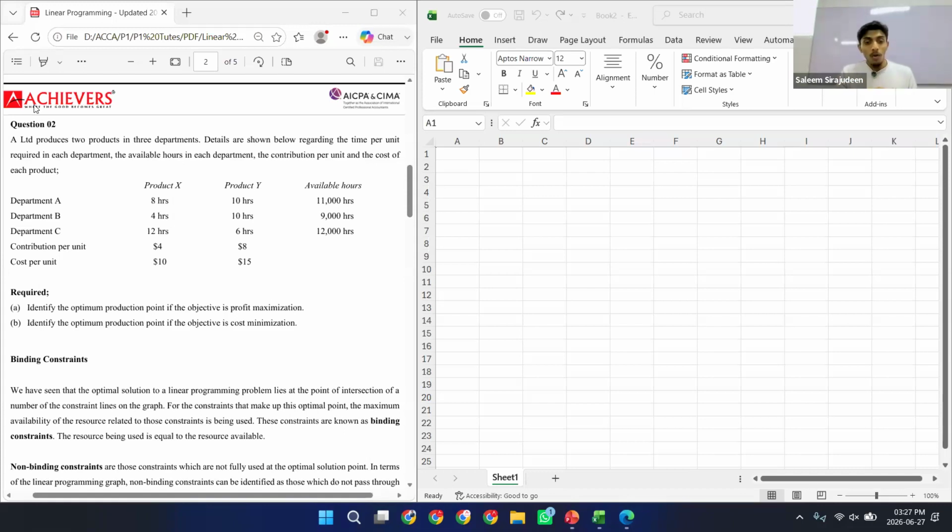Okay. Now, first of all, we have to draw the linear programming graph. Yes or no? Yes. We have to draw the constraint graph, right? In order to draw that, we have to construct the constraint formulas. So how many departments are there? 3 departments. Then how many formulas do we have to construct? 3 formulas.